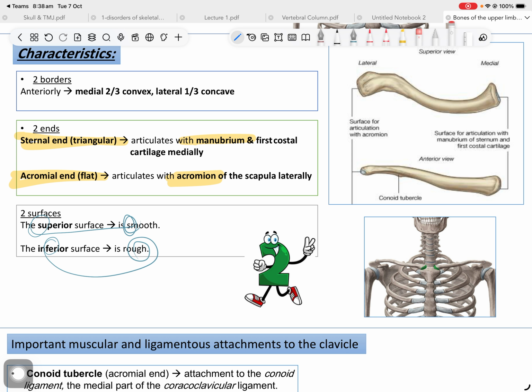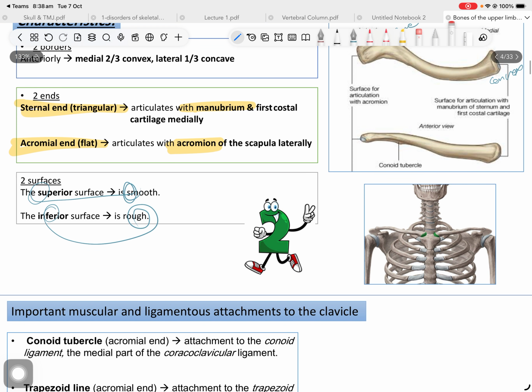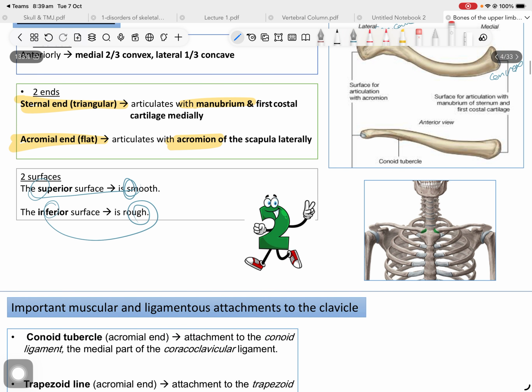Why? Because its border anteriorly, the medial 2/3 here, is convex, while the lateral 1/3 is concave. Okay? Why is it important to know all of these characteristics? Because when you go to the lab, you should know whether this clavicle is the left clavicle or the right clavicle. How would I know? I look at the characteristics, okay, and put it in the anatomical position.